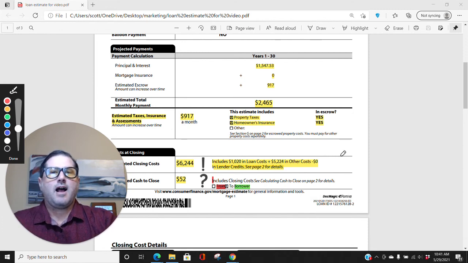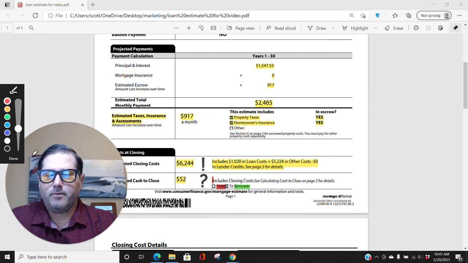Those are all soft costs. You're going to have those costs anyway. What you're doing is paying them in advance. So when you're calculating how many months it takes to get back your investment into a refinance, you don't want to include that in the calculation because you're going to be paying that no matter what.